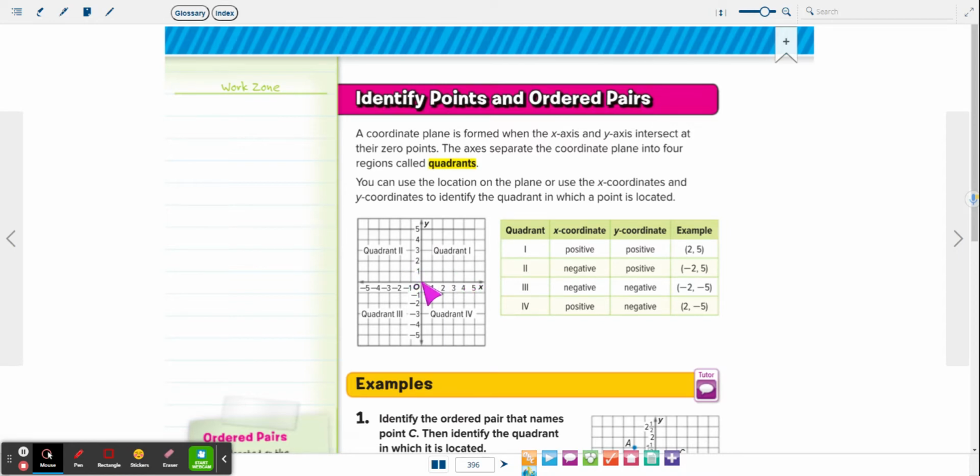Quadrant 2 has negative numbers going to the left and positive numbers going to the top. And then we're still going counterclockwise. So quadrant 3 is both negative to the left and down. And quadrant 4 is positive to the right and negative down. So you just need to remember that it starts at the right, 1, 2, 3, 4. Goes counterclockwise. Okay.